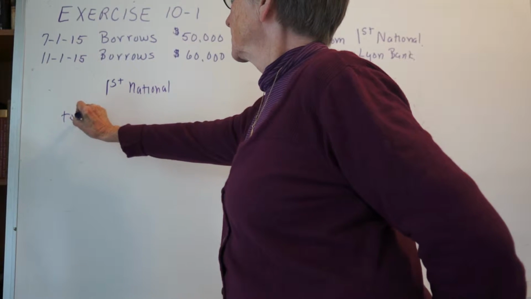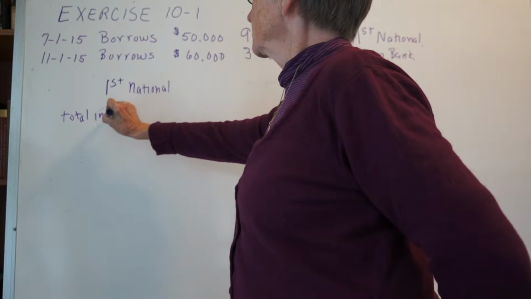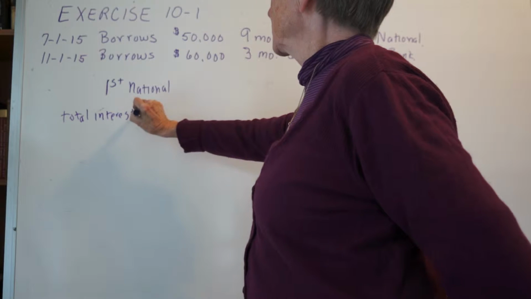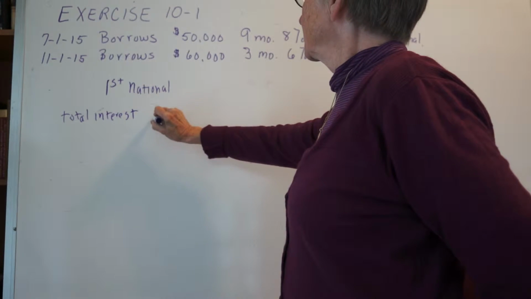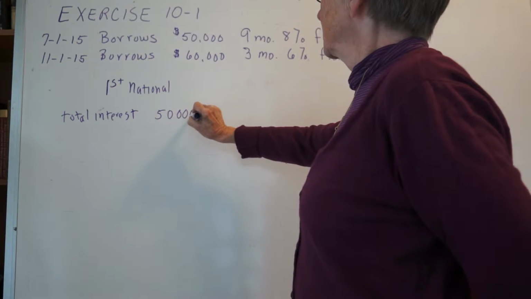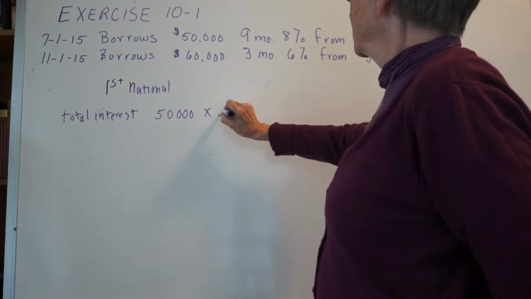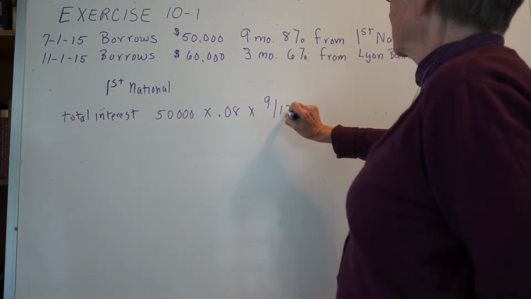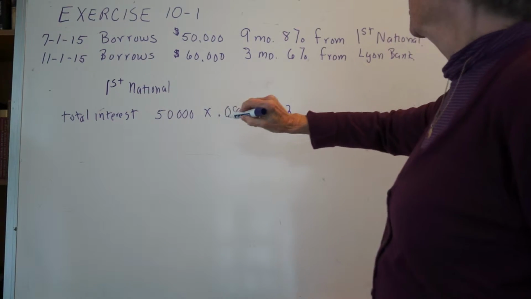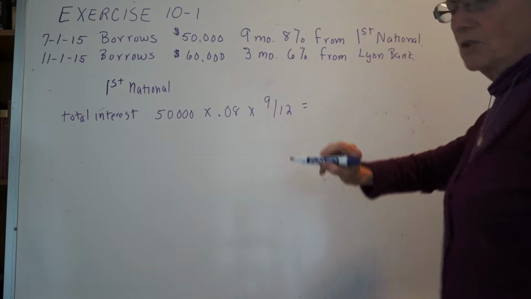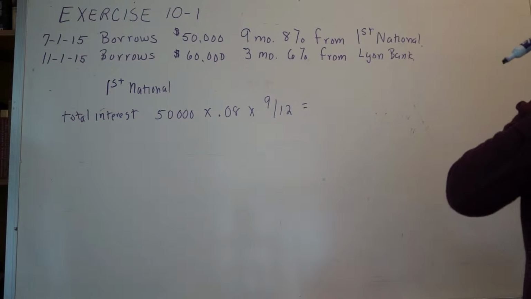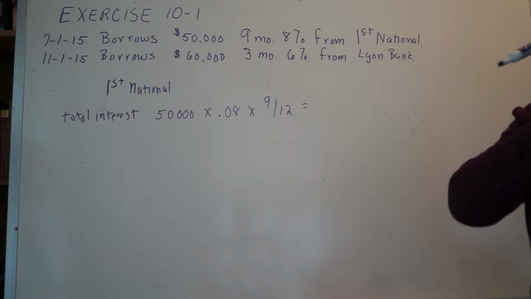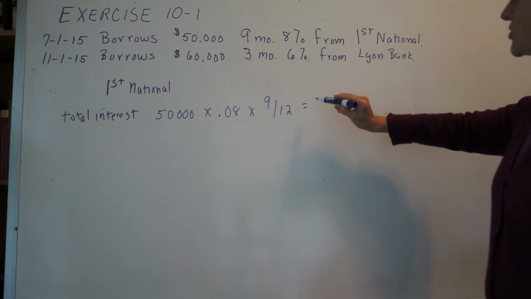The total interest is the principal times the rate times the time. So we would go 50,000 times our 8% times 9/12 because it's a 9-month note. And that would give us the total interest on that note of $3,000.